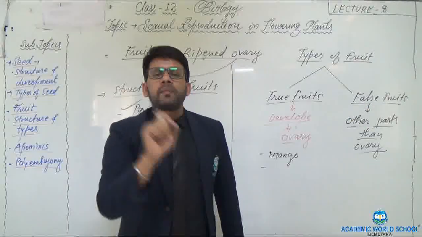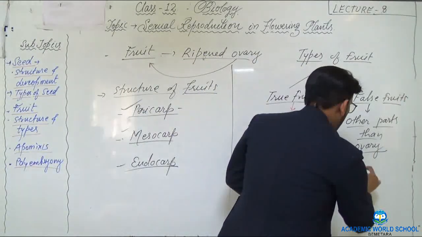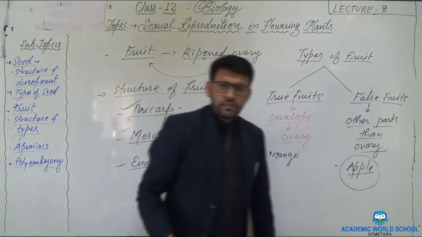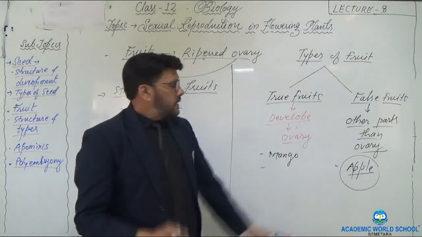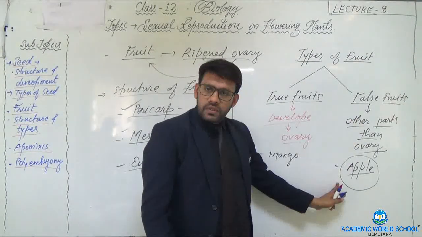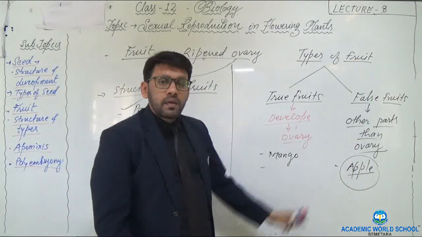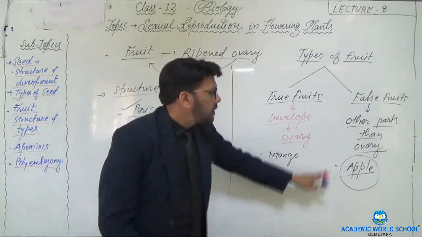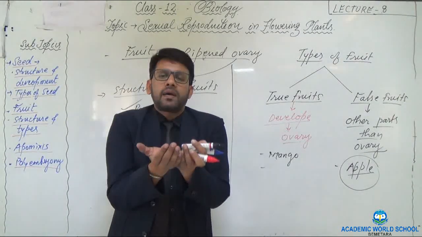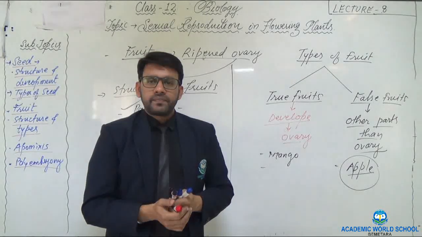The best and common example is the apple. You eat apple. So apple is the example of false fruit. This false fruit, or apple, actually develops from the thalamus of the flower. Thalamus, what? It is the basal part of the flower from where other parts develop.